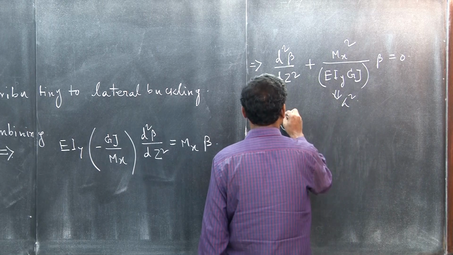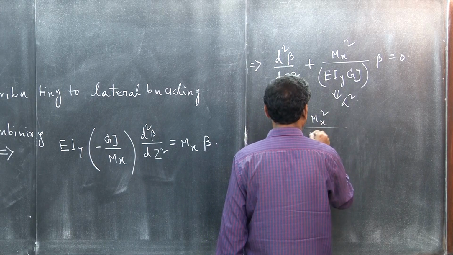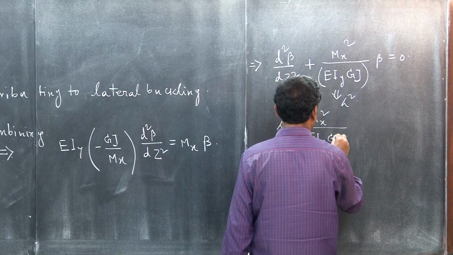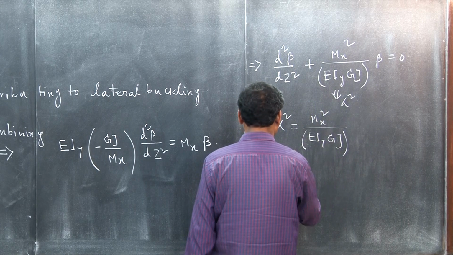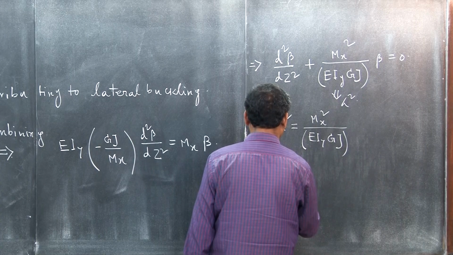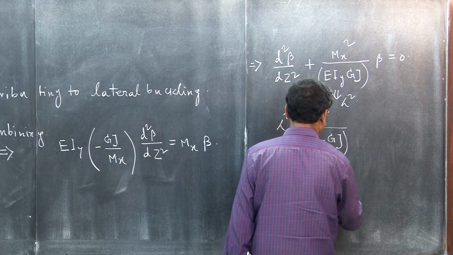So lambda square is Mx square divided by EIy GJ. So d2 beta/dz2 plus lambda square beta is equal to 0.